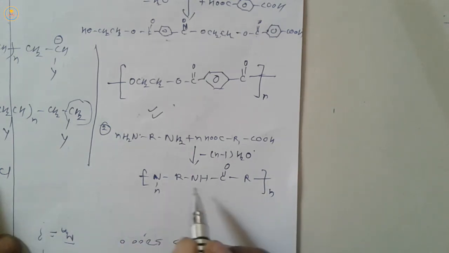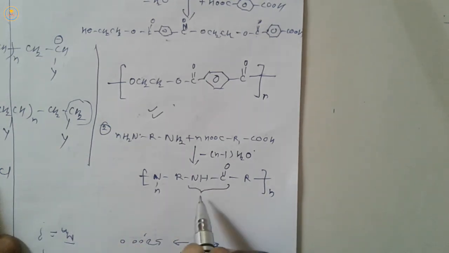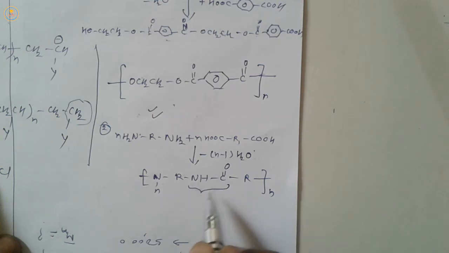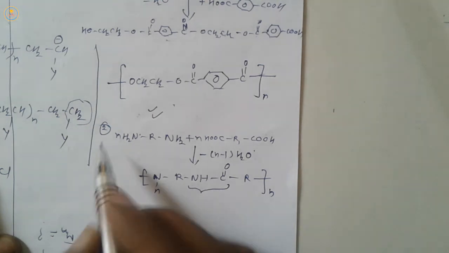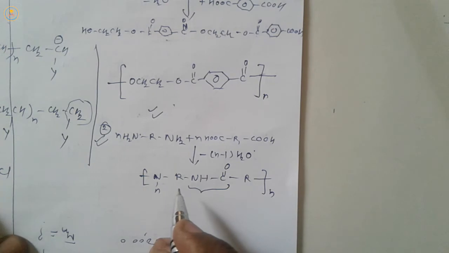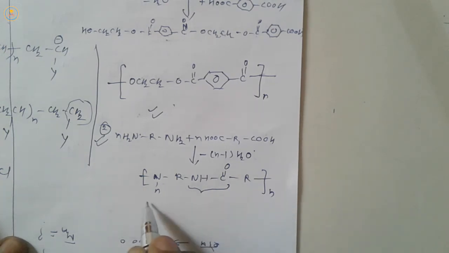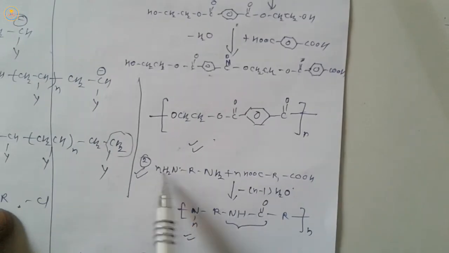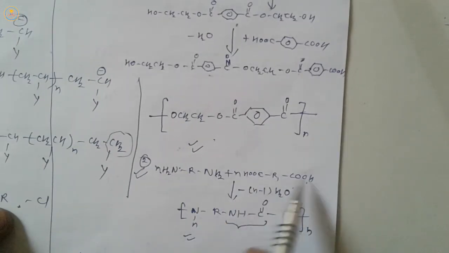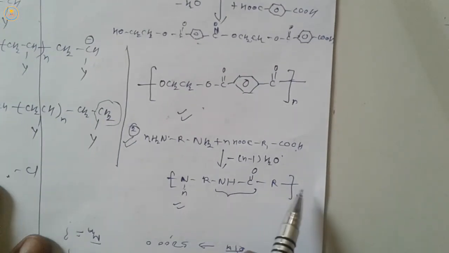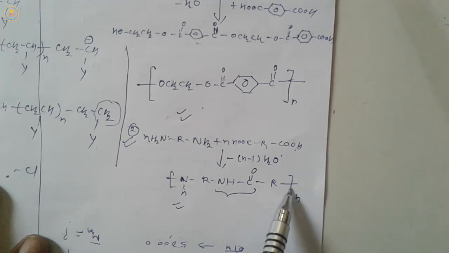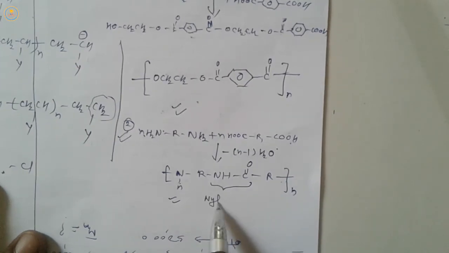In this polymer, amide bonds are present, so it is a polyamide polymer like nylon. Here, bifunctional monomer units participate and a bifunctional product will be obtained. It is nylon.